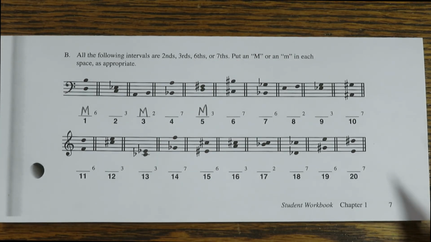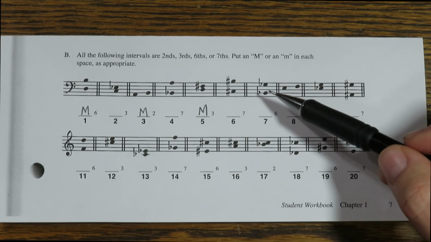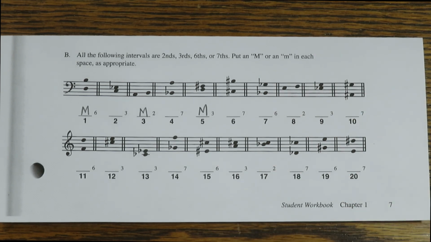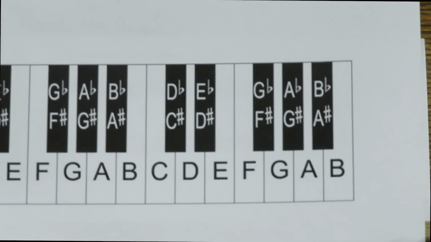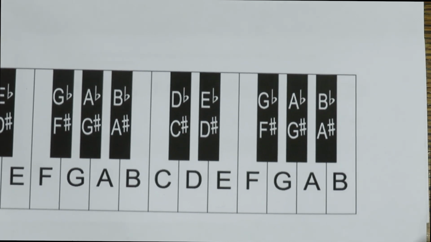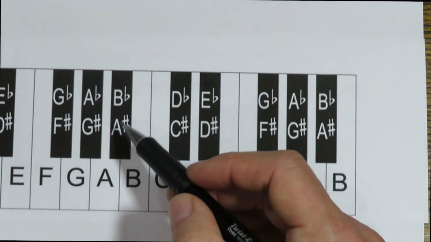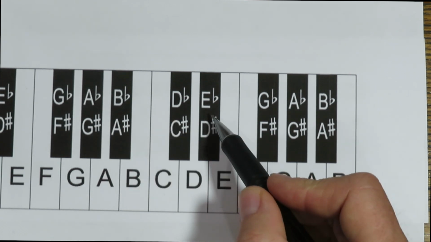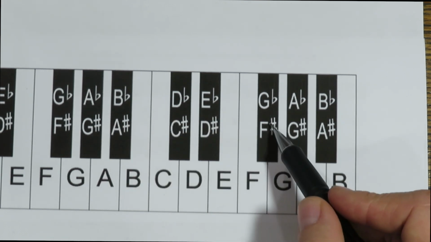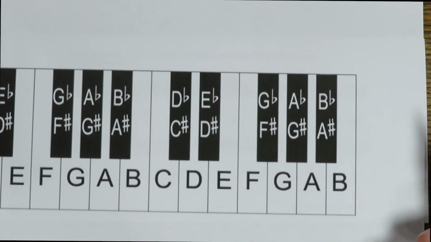Okay. Now we have B flat to G flat. Okay. So the B flat major scale has two flats, B flat and E flat. There is no G flat. Okay, so that would be a major sixth.